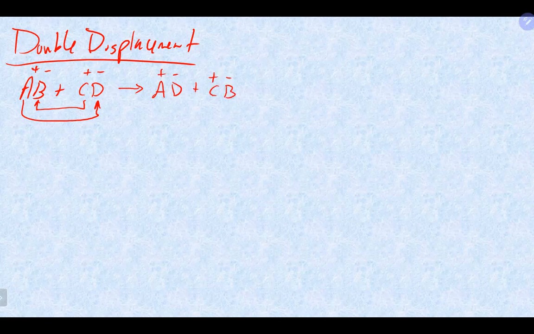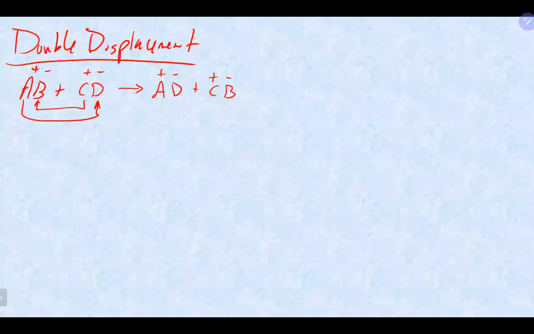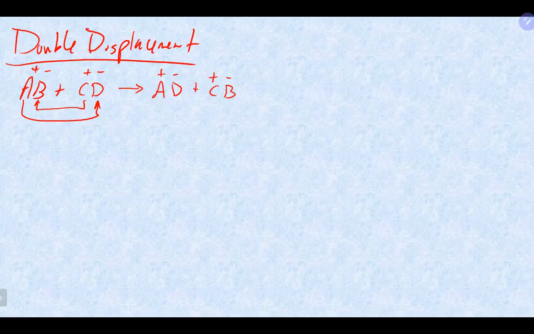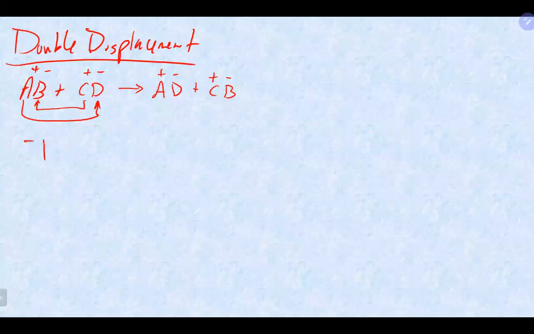Now, double displacement reactions, as we talked about, is the big classification of reactions, for which you can also get a lot more specific in terms of ways of classifying them. Really two specific classifications of double displacement reactions are a precipitation reaction.